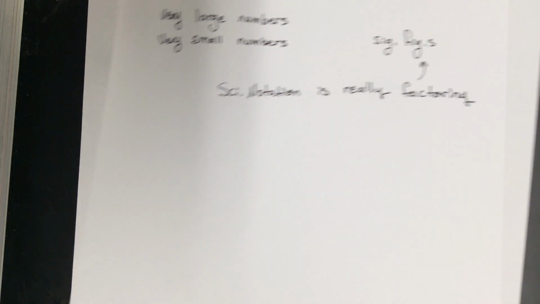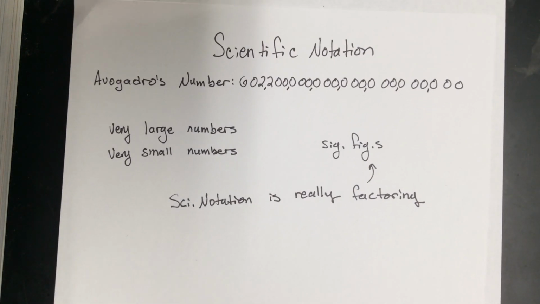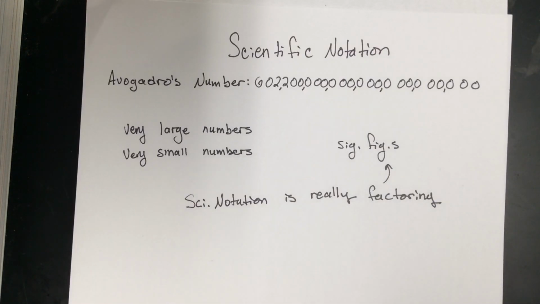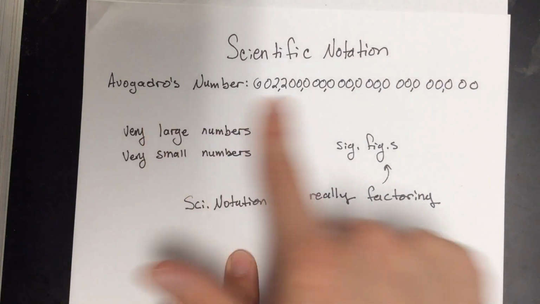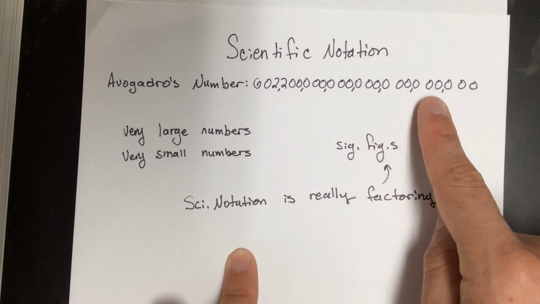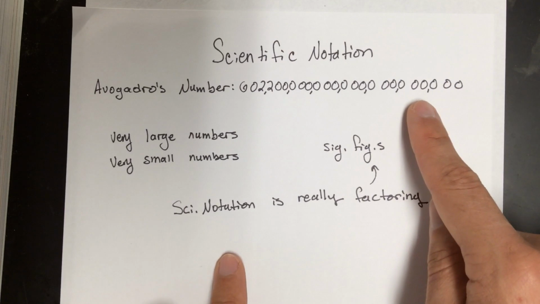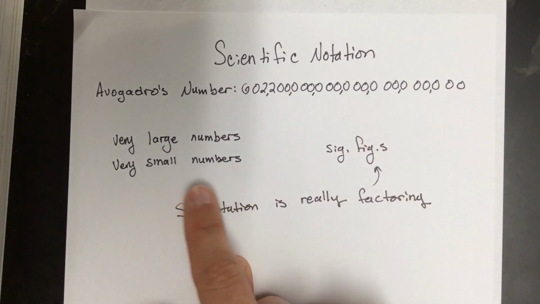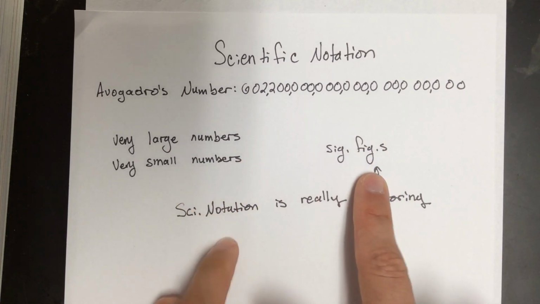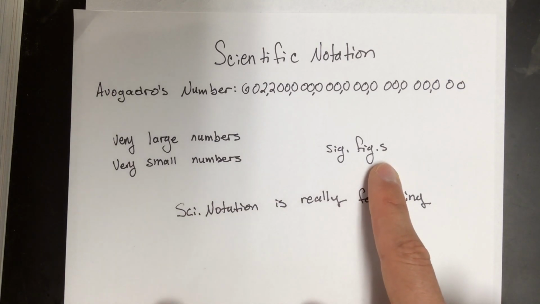So today we talked about scientific notation, which is used to write very large or very small numbers. And our example of a very large number was Avogadro's number, which we will talk more about later in the semester. And it's also used to clarify the number of significant figures.